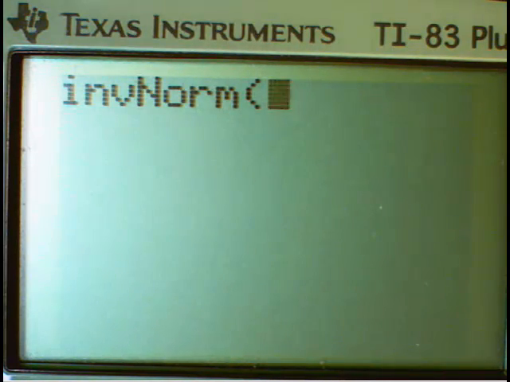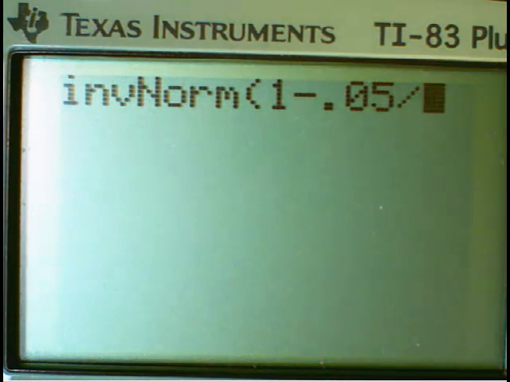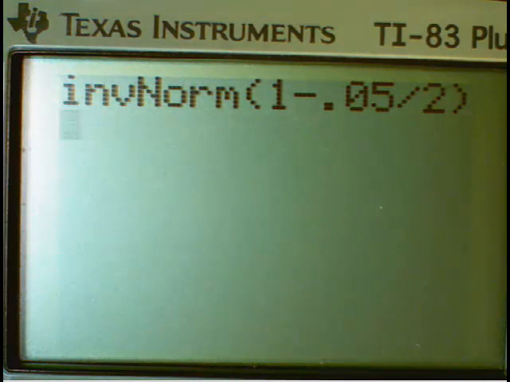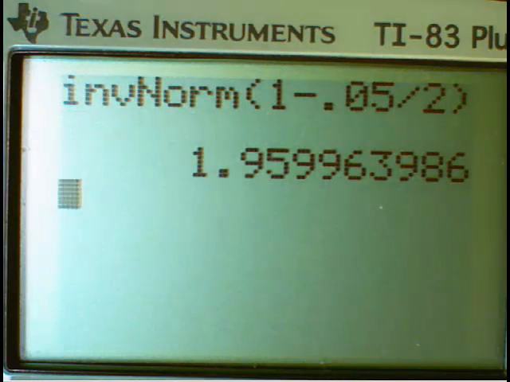And then I want to enter 1 minus my alpha for a 95% confidence level. My alpha is 0.05 divided by 2. That's 1 minus alpha divided by 2. And that's the 1.9599 that I don't want to round. I want to leave that on my calculator and just continue with the formula.